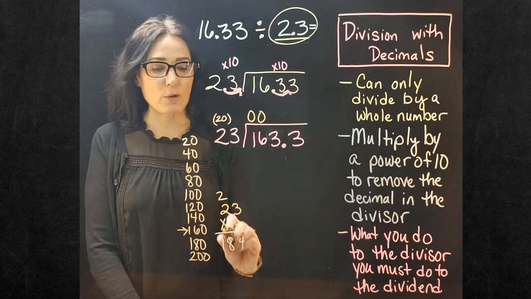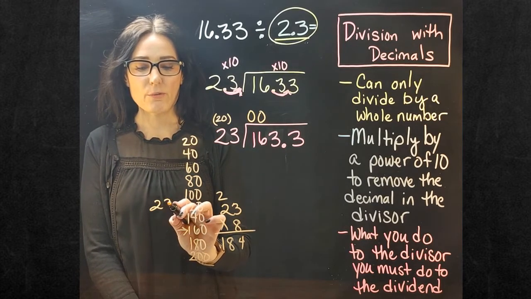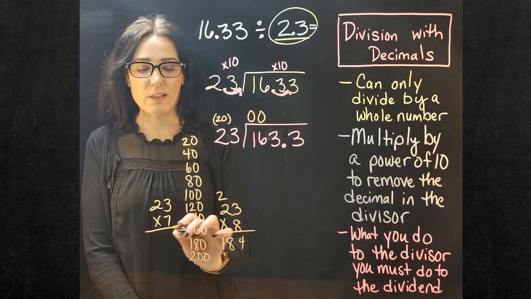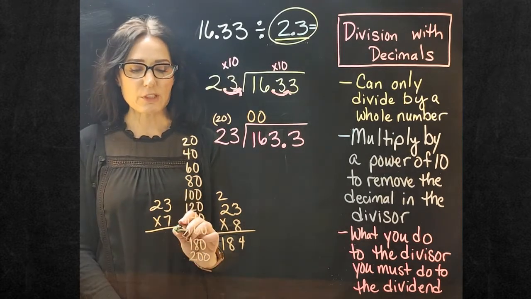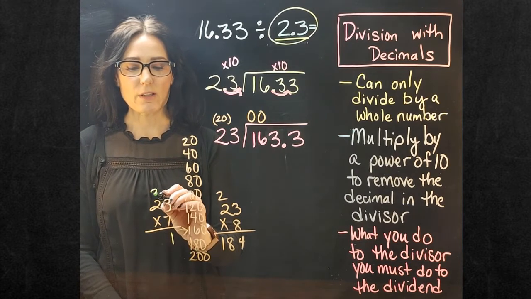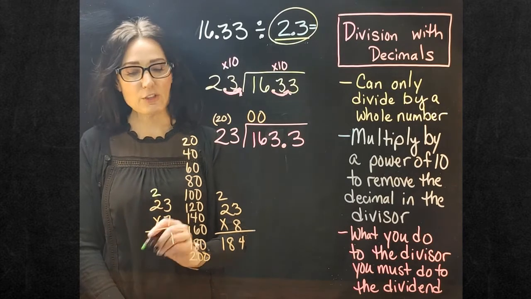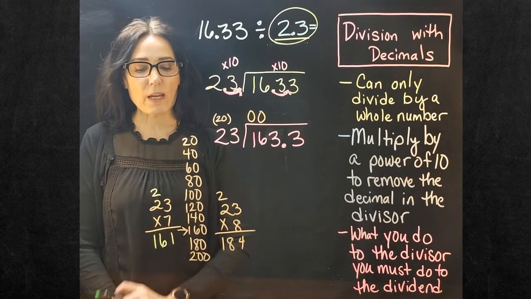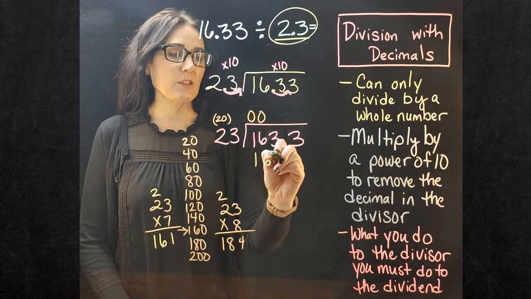So let's go ahead and try 7. Let's take 23 times 7. 7 times 3 is 21, carry the 2. 7 times 2 is 14, plus 2 is 16. So we get 161. So that is going to work.